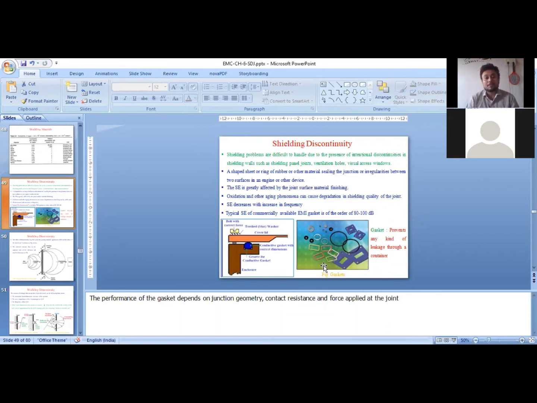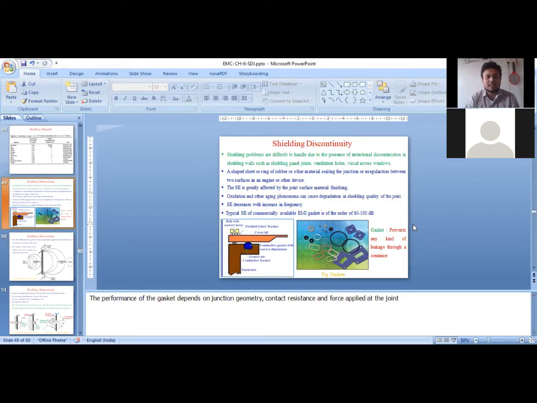The electromagnetic waves from the source may penetrate through those holes where metal is not there. Those holes are for ventilation, to see what is happening inside the device, or for heat sink purposes also. There are many reasons why we perforate the sheets. So the perforation may decrease the effectiveness of the shielding, and one should take care of those discontinuities.